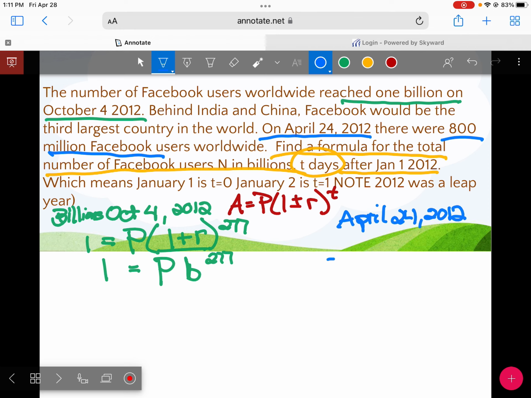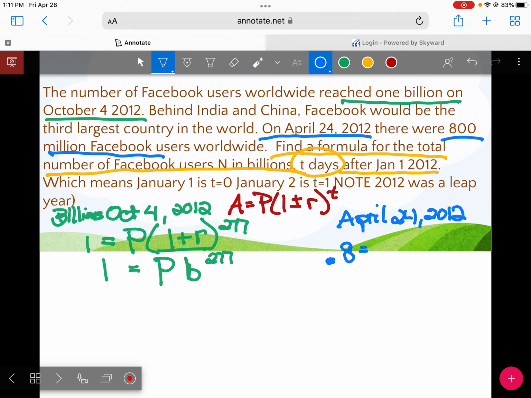Now, if I'm doing this in terms of billions, how do I write 800 million in billions? 0.8 billion. Yes. That is 800 million in terms of billions.